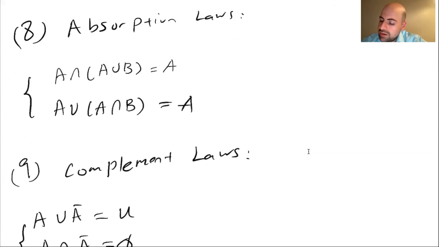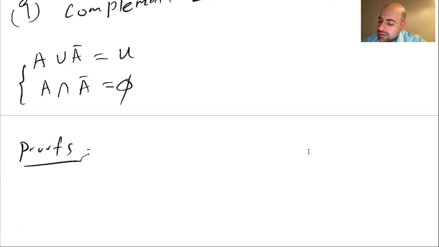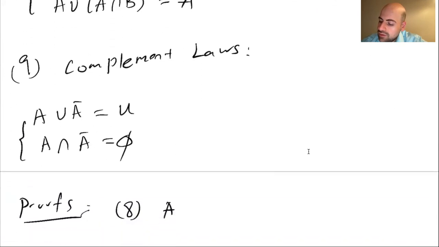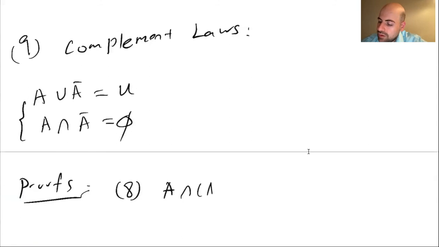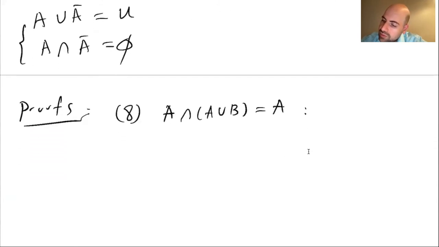So let's do, for example, A intersection A union B equals A. So let me give you a general recipe how we can prove an identity of this form.